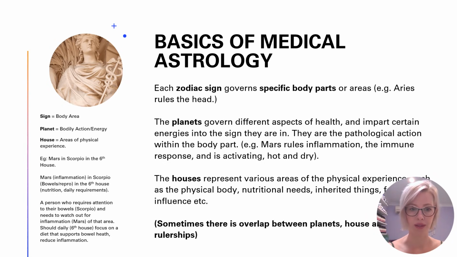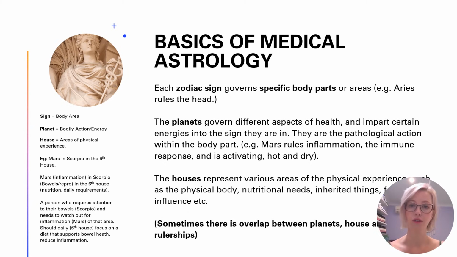So let's interpret that. A person who requires attention to their bowels, Scorpio, and needs to watch out for inflammation, Mars, of that area, should, on the daily, which is 6th house things, focus on a diet that supports bowel health to reduce inflammation.